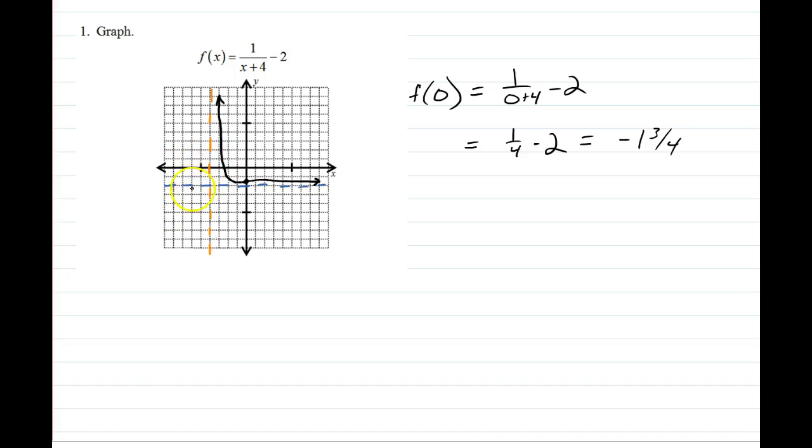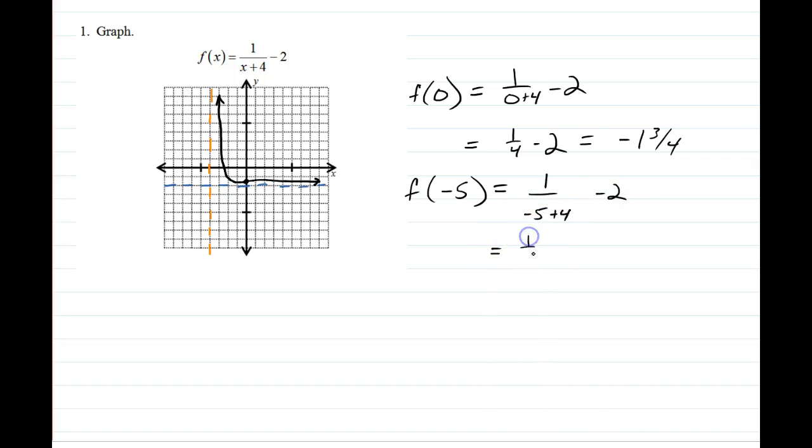And so now let's go to the left and plug a number in. So here is -5. So let's plug -5 in. I just want to be on the left side of the asymptote. So we get 1 over -5 plus 4, minus 2.